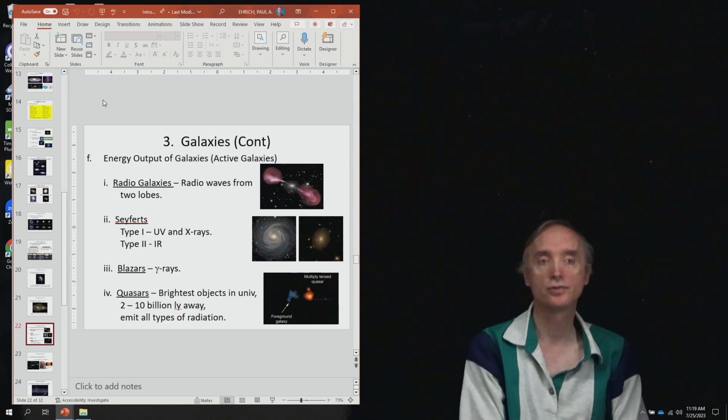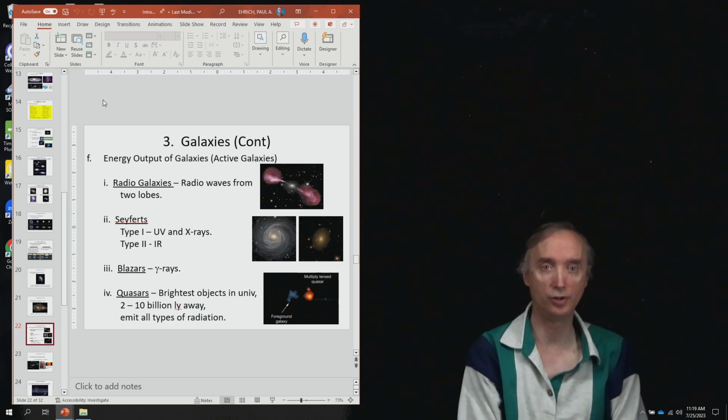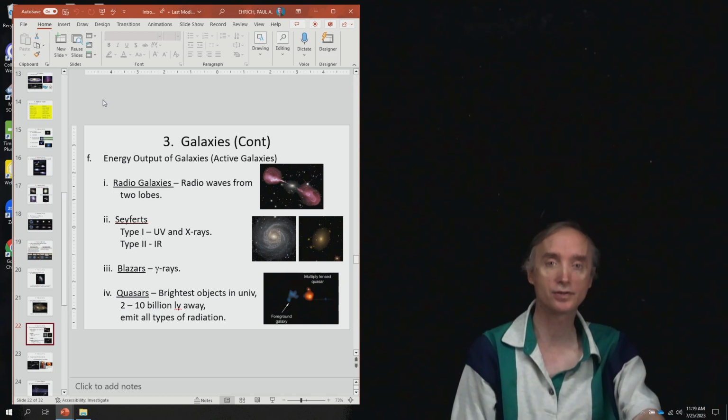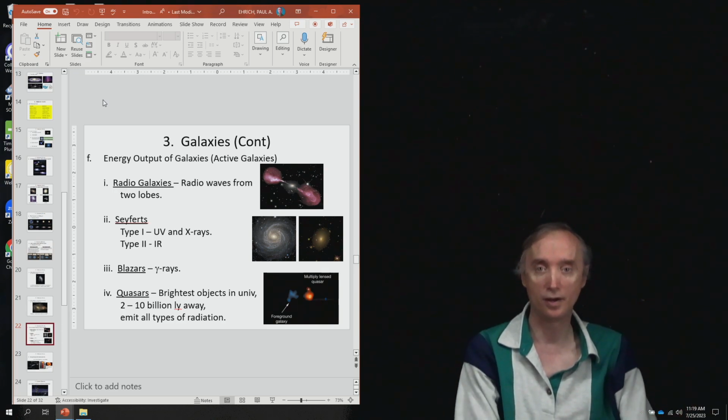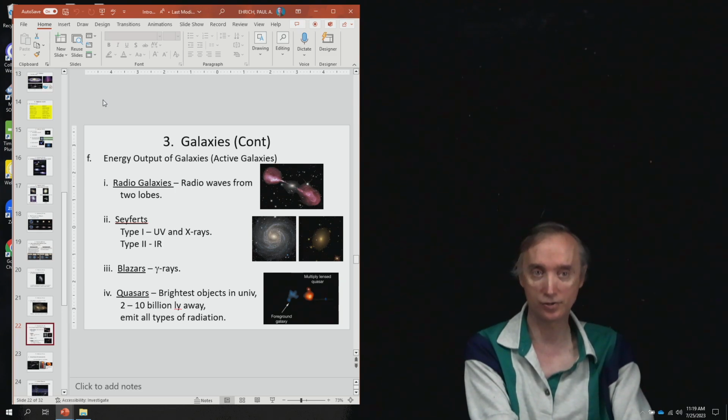Okay, then we also talked about energy output of galaxies. So you had radio galaxies, which produce radio waves, and then you had Seyferts that could produce ultraviolet and X-rays. Then you had blazars that produced gamma rays, and then you had quasars, which produced all sorts of different kinds of radiation. You need to know that the quasars are the brightest objects in the universe.